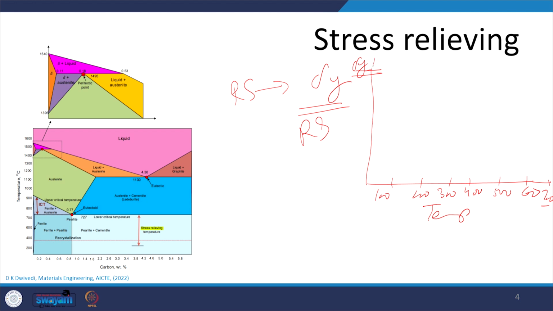So, say 100% residual stress, then 80%, 60%, 40%, 20% and 10%, and 0%. What happens when the exposure is given at low temperature? The residual stresses are high. So, say no exposure means the residual stresses will go like this. When the exposure is given for say 1 hour, then the residual stress comes down in this way.